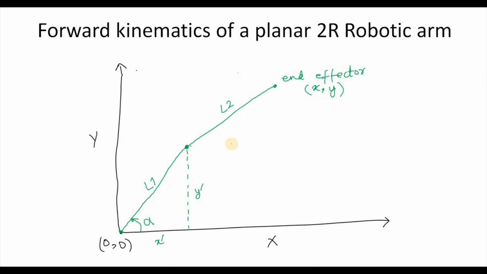So the angle is alpha, and here we also define the x and y coordinates of this point, and we call it x double dash and y double dash.